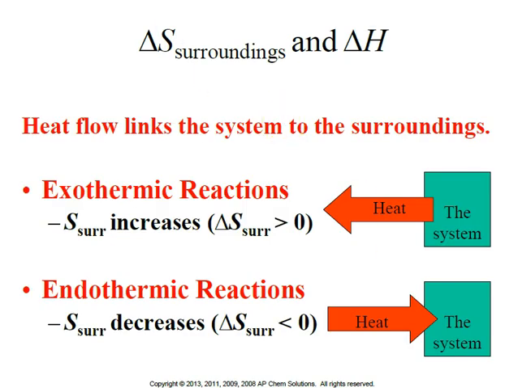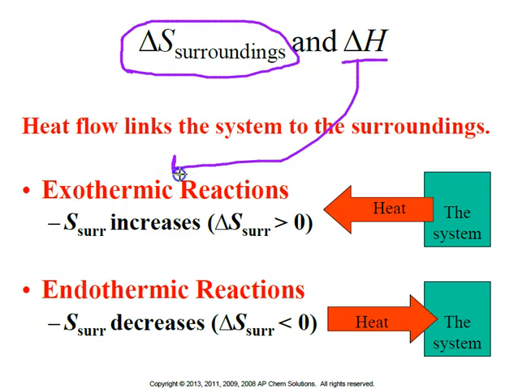How do we know what the delta S of the surroundings is? How do we figure that out? Well, it's related to the delta H value. If the delta H value is negative, that means the process is exothermic, right? That means that the system is giving off heat.